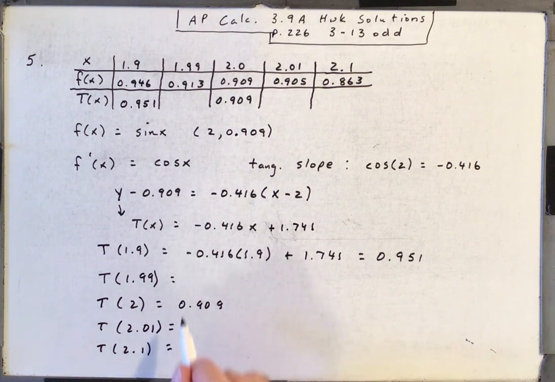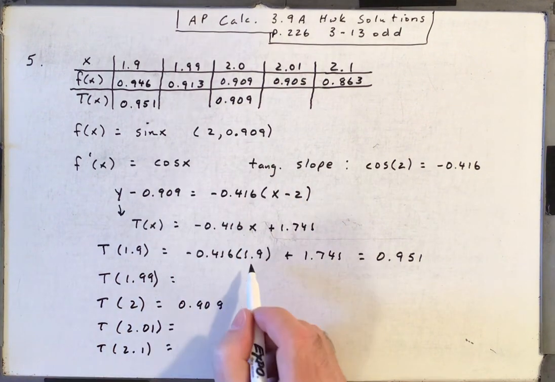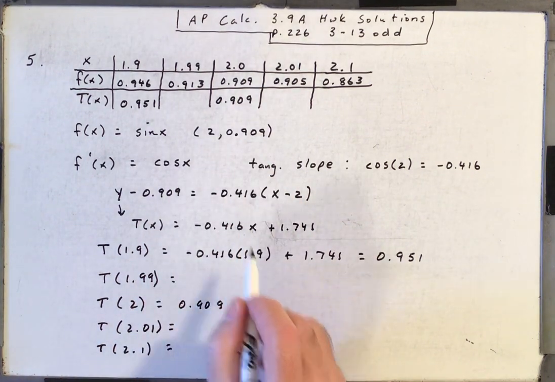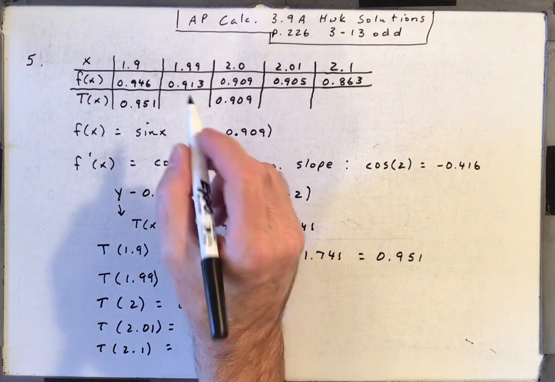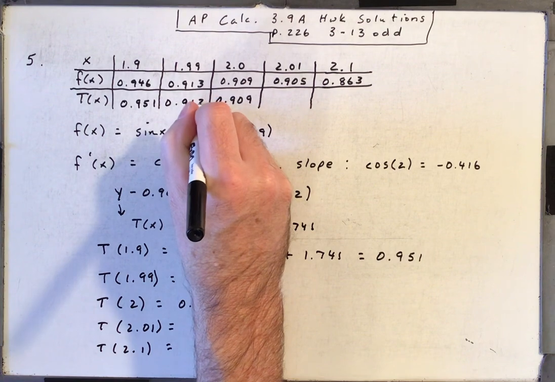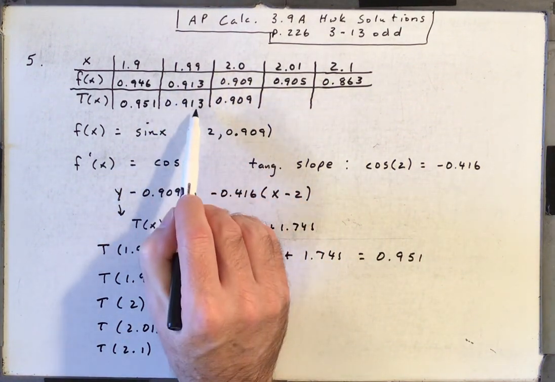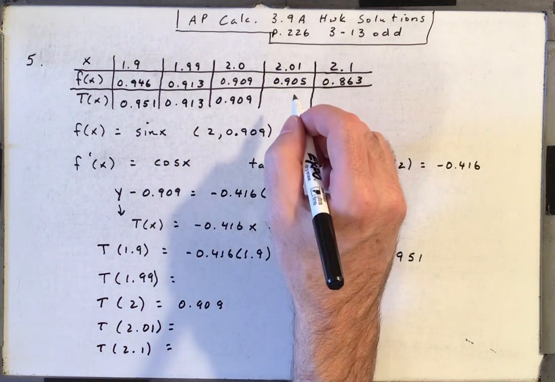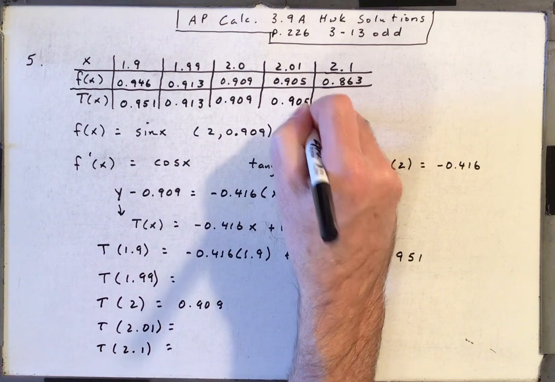Okay, and I'll just fill these numbers in. You would just put that right in your calculator. You could even type over the 1.9 and put 1.99. If you don't make a mistake, you're going to get 0.913, so that's right on. So this tangent line does emulate the curve very well. If you're only 1/100th away, you can go out all the way to the thousandths place, and the same thing right through here, 0.905.